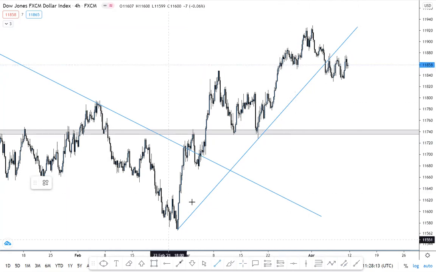Let me draw. We saw the low, higher high, higher low, higher high, higher low. We saw another higher high, higher low, higher high, and this higher low, and this higher low was violated, and we are now seeing price stalling over here.